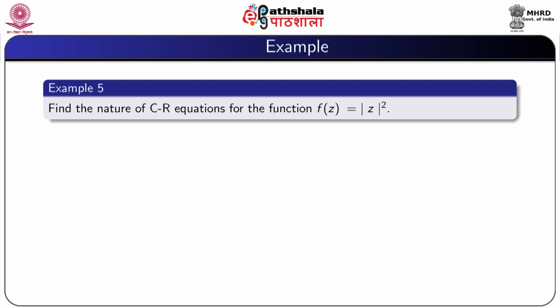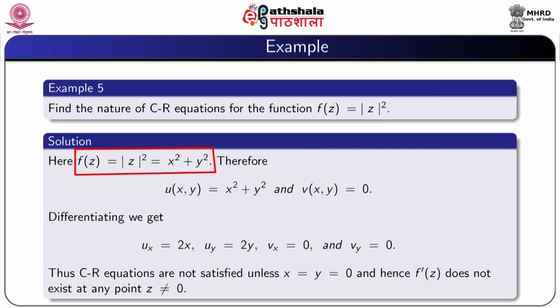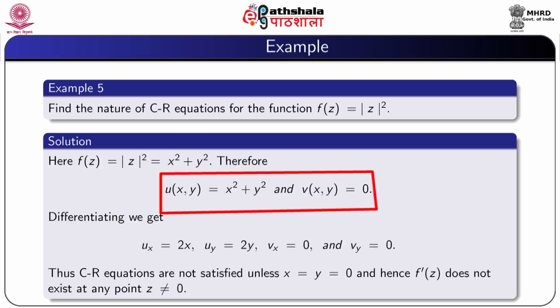We give another example. Find the nature of Cauchy-Riemann equations for the function f(z) = |z|². So, here |f(z)| = |z|² = x² + y². Therefore, u(x,y), that is the real part of f, is x² + y², and v(x,y), that is the imaginary part of f(z), is equal to 0.